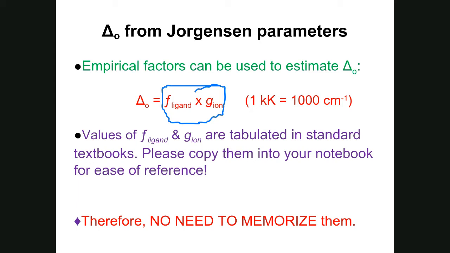In the textbooks or your references, you will find the g values for the metal ions and the f values for the different ligands. The units may seem strange to you, but from now onwards you will know the units of energy that you haven't known in spectroscopy. We're using the unit called a kilokayser. A kilokayser.